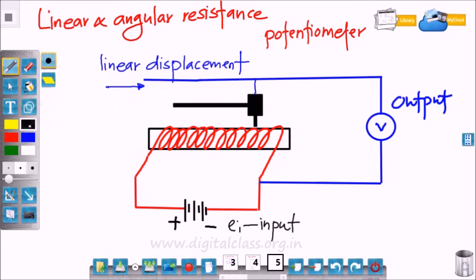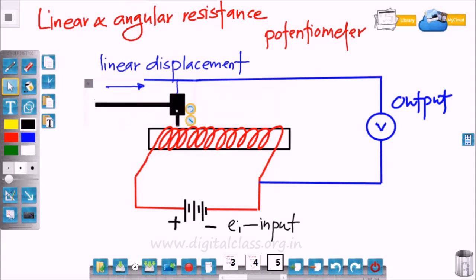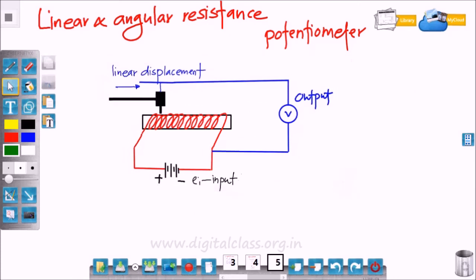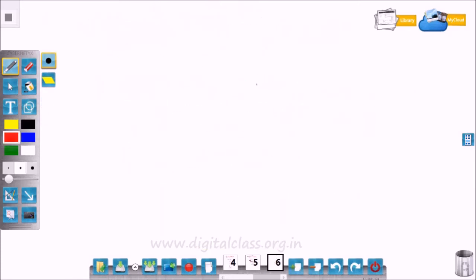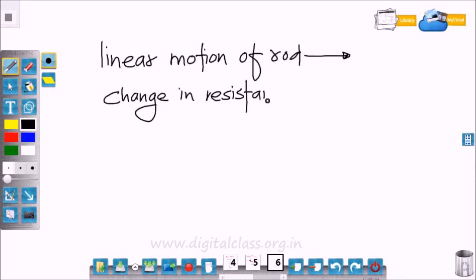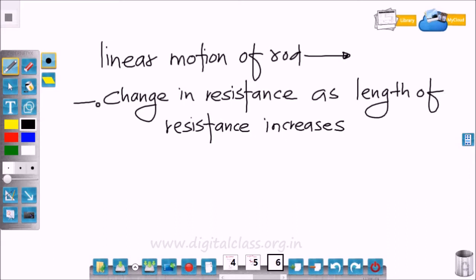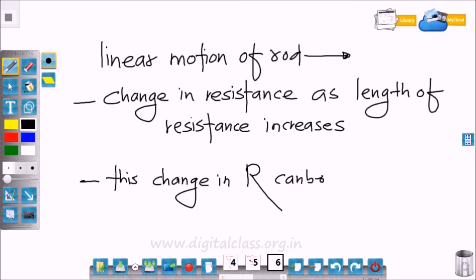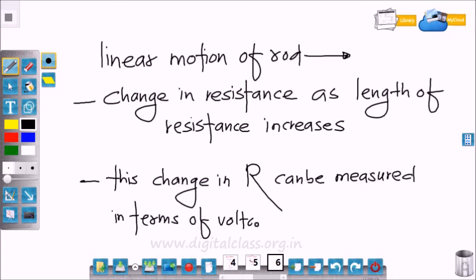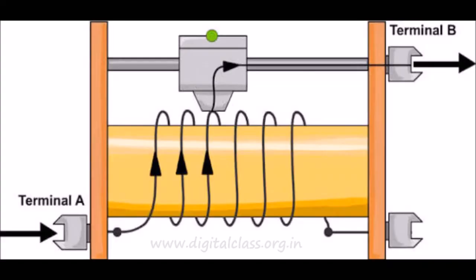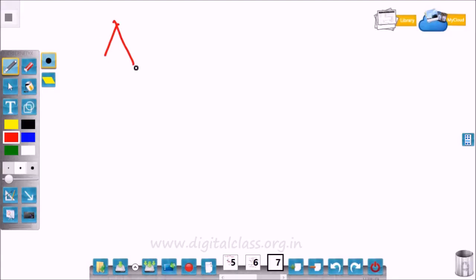You can see different positions of the pointer. So the linear motion of a rod causes a change in resistance. As the length of resistance increases, this change in resistance can be measured in terms of the change in voltage, and this is the working principle of the linear resistance type potentiometer.